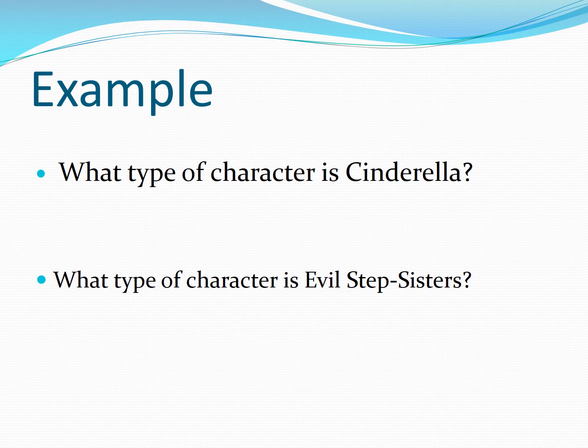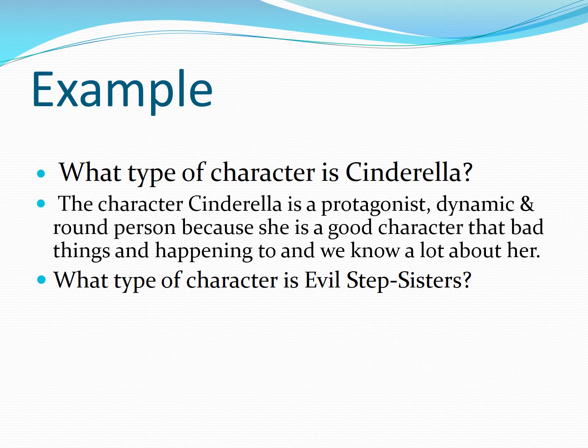So let's think about the character of Cinderella. Is she a protagonist or is she an antagonist? Is she a flat character or a round character? And is she a static character or a dynamic character? So think about those three questions. I have my answer. Let's see if your answer matches mine.